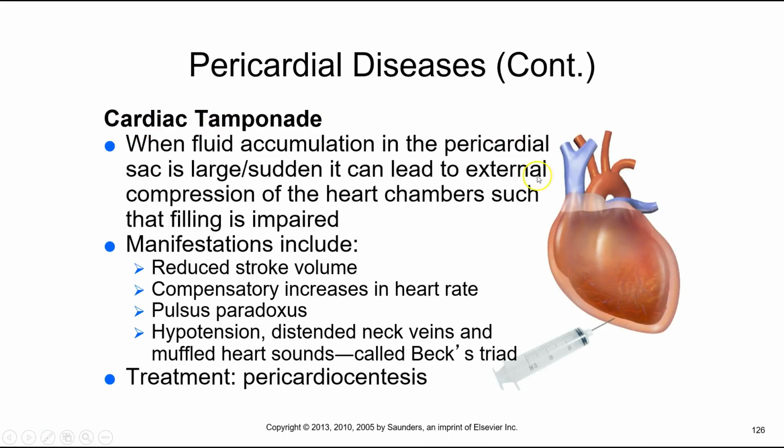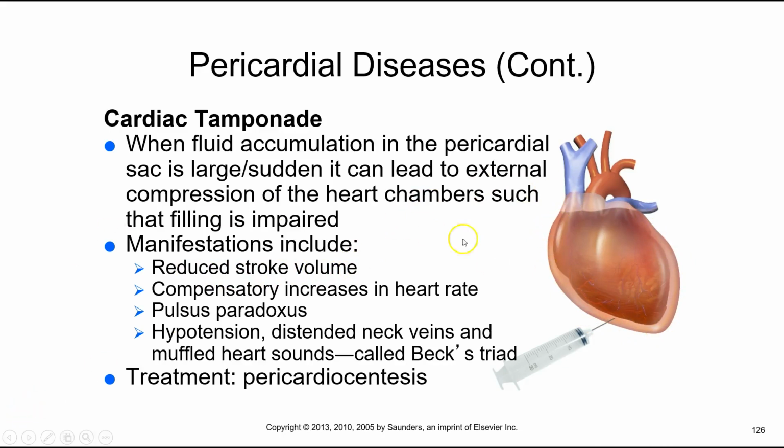Cardiac tamponade is when fluid fills the pericardium to such an extent that the heart can no longer relax enough to fill with blood. Your end diastolic volume will be decreased. And that means your stroke volume will be decreased, which means your cardiac output will be decreased. We already saw this a little bit in terms of cardiogenic shock.